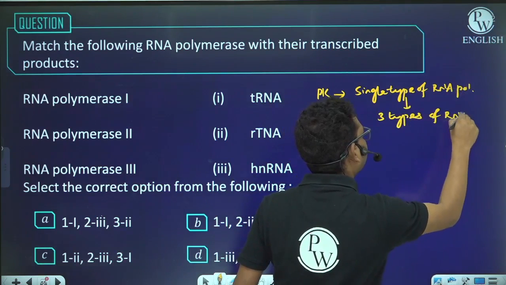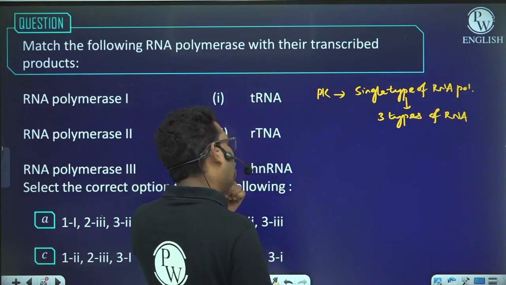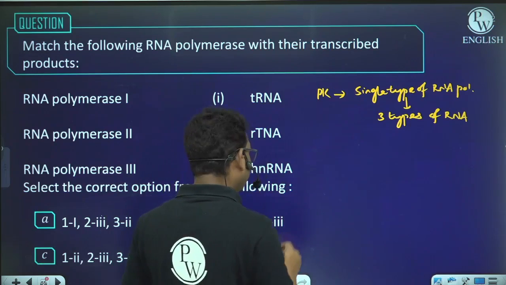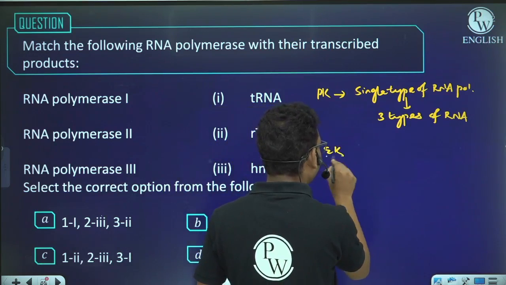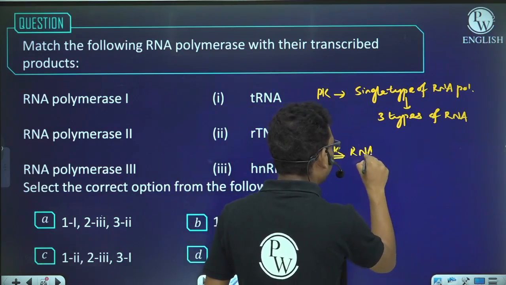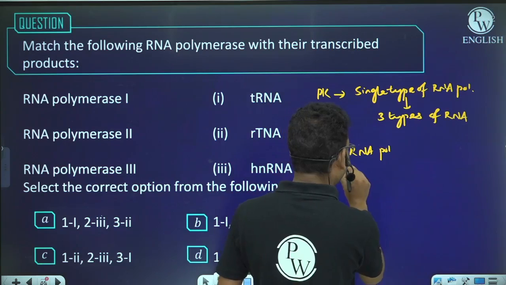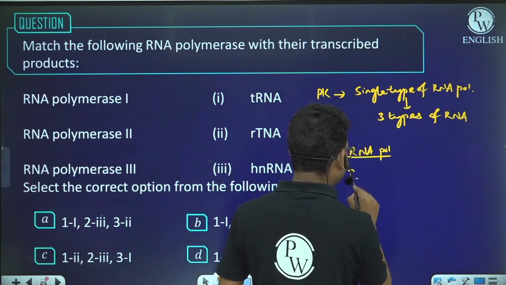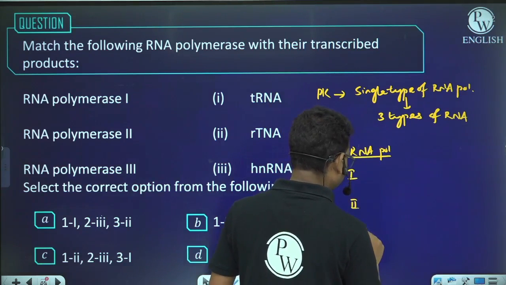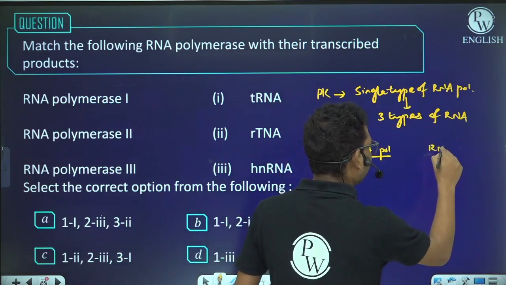That means mRNA, rRNA, tRNA are all synthesized by the same RNA polymerase. But in eukaryotes, RNA polymerase is of three types: RNA polymerase 1, RNA polymerase 2, and RNA polymerase 3, and they synthesize different types of RNA.